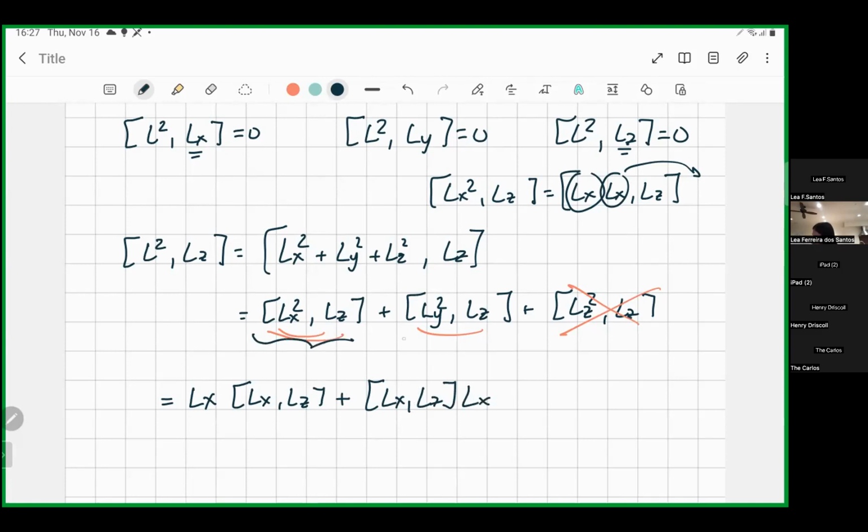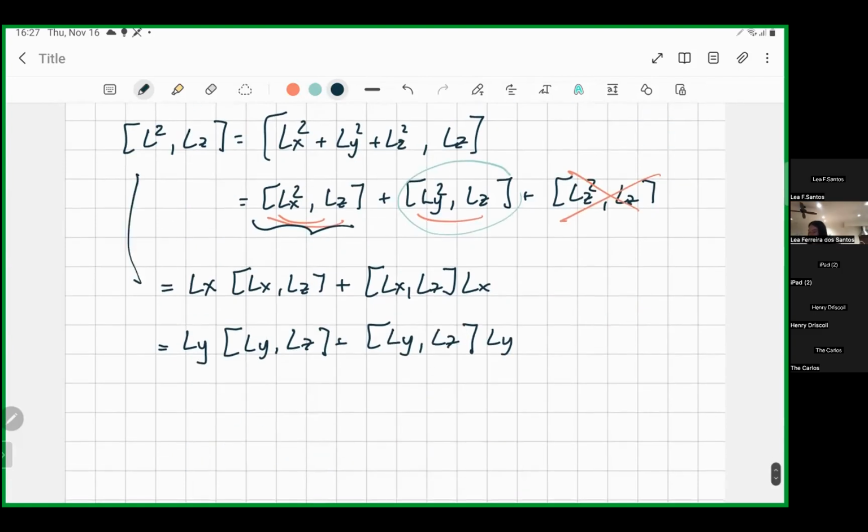How about the term that involves y? This is going to be Ly times the commutator Ly, Lz, plus the commutator Ly, Lz times Ly. So this is opening the commutator.